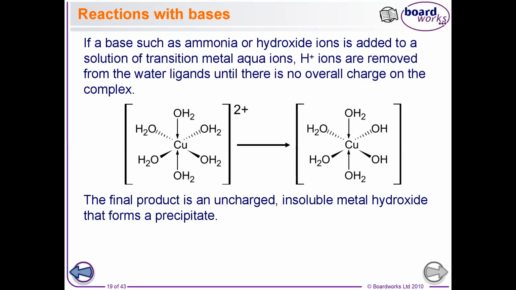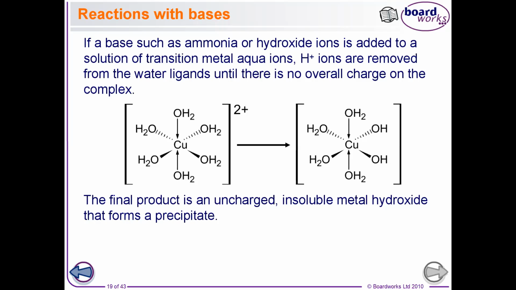The final product is an uncharged and insoluble metal hydroxide that forms a precipitate. Meaning to say, when you put a base in the complexes, a precipitate of metal hydroxide will be formed.